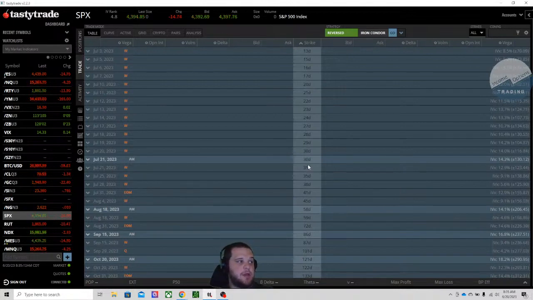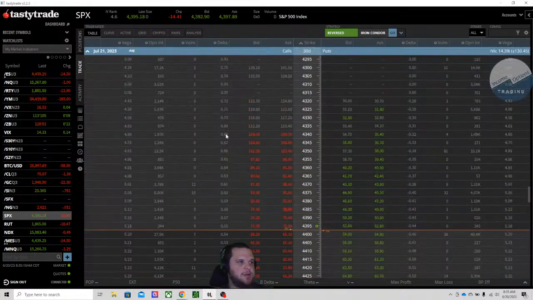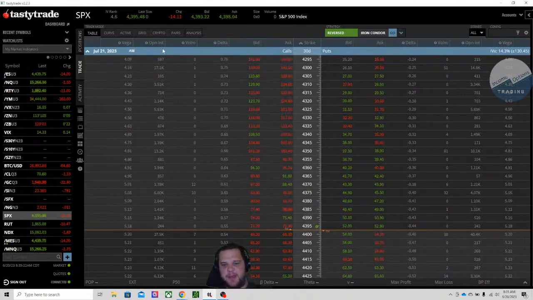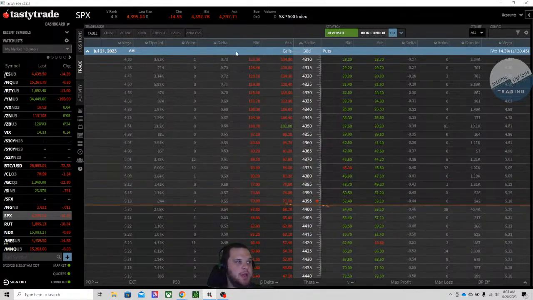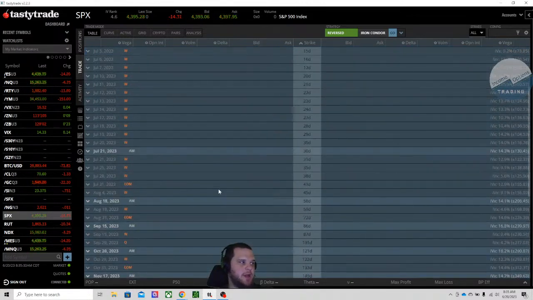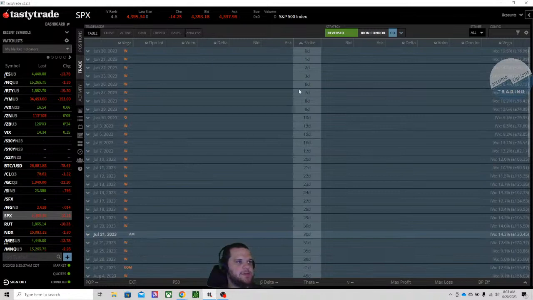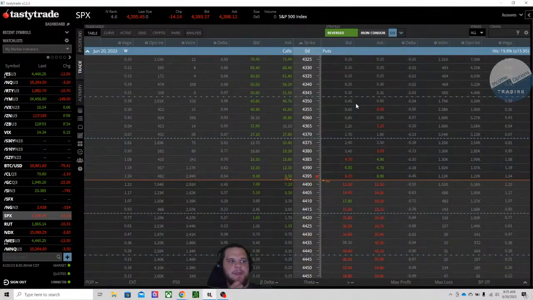The 30-day ones, the AM settlement, you can only trade till the day before. You can't trade the day of, because whatever SPX settles at in the morning is what your options will settle to. So you can't trade during that actual Friday. So do weeklies. Anyways, go back to 0 DTE here.